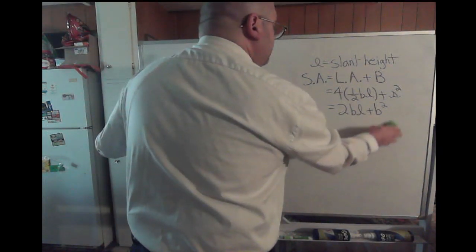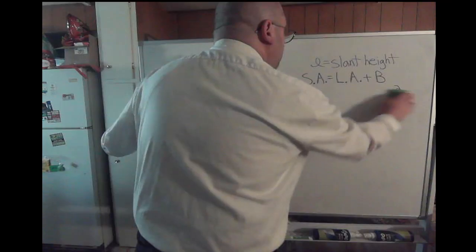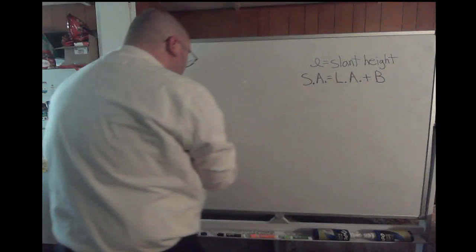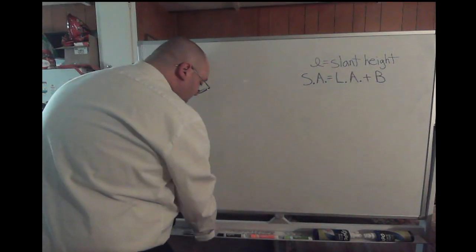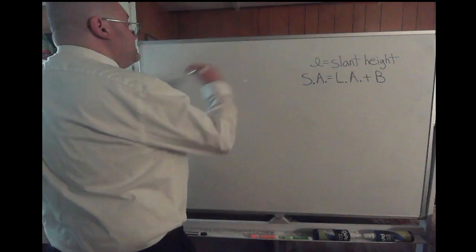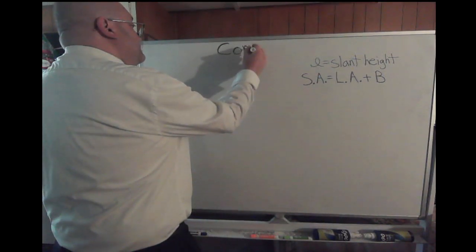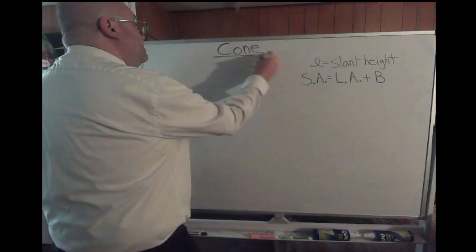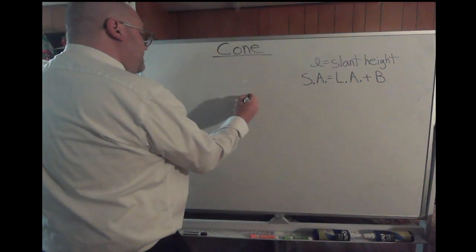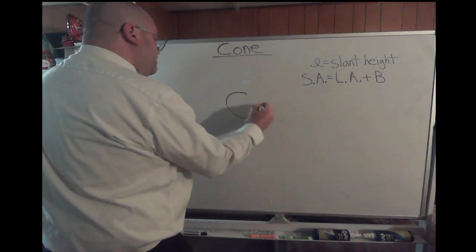Cones are similar to pyramids in the fact that there's only one base, but the difference is that the base is a circle. So let's draw our handy dandy cone.